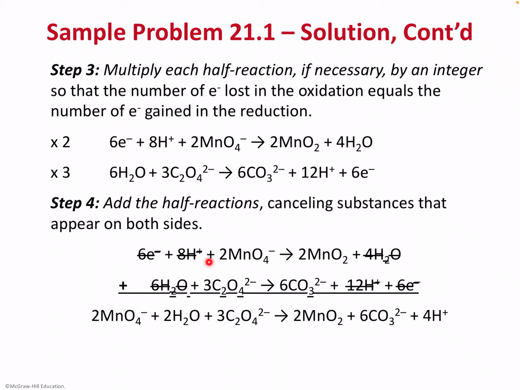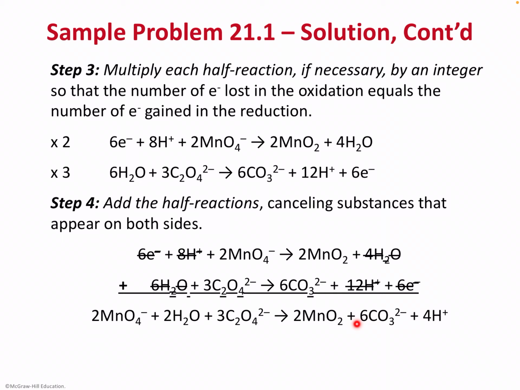So 12 minus 8 ends up as 4 H plus on the right side. And then the water, 4 water here, 6 water here, so 2 water will end up on this side, 6 minus 4. And these would remain as they are: 2 MnO4 minus, 3 oxalate, 2 manganese oxide, 6 carbonate.